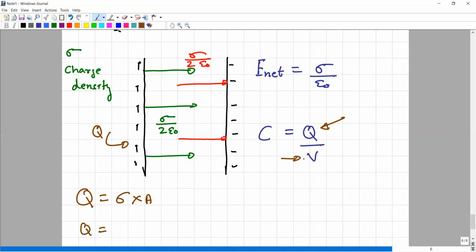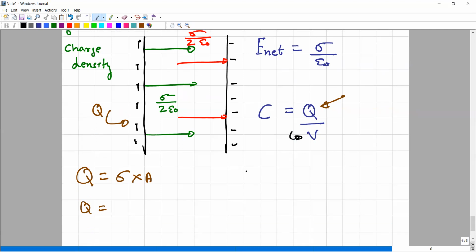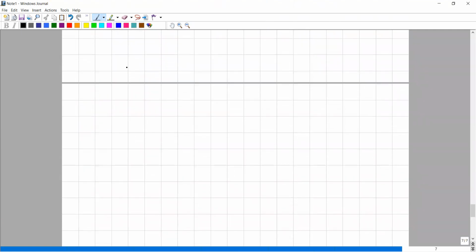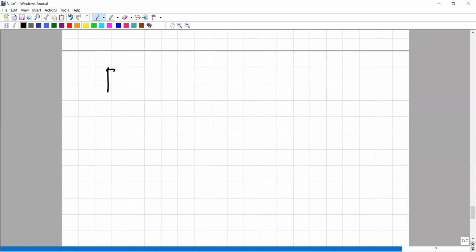Next, we are going to find what is the potential difference between the plates. Remember, this value V is not the potential of one of the conductors, it's the potential difference between the positive and the negative plates. Now, in the previous topic, that is potential, you have done that E is equal to minus dV by dr, and this was the potential gradient.